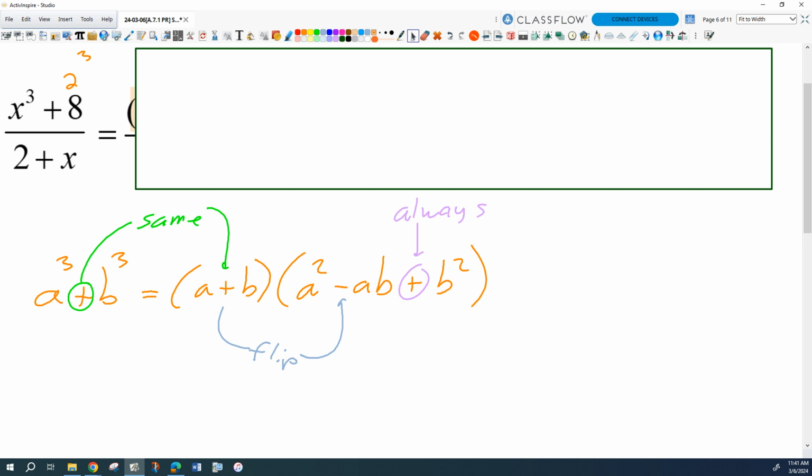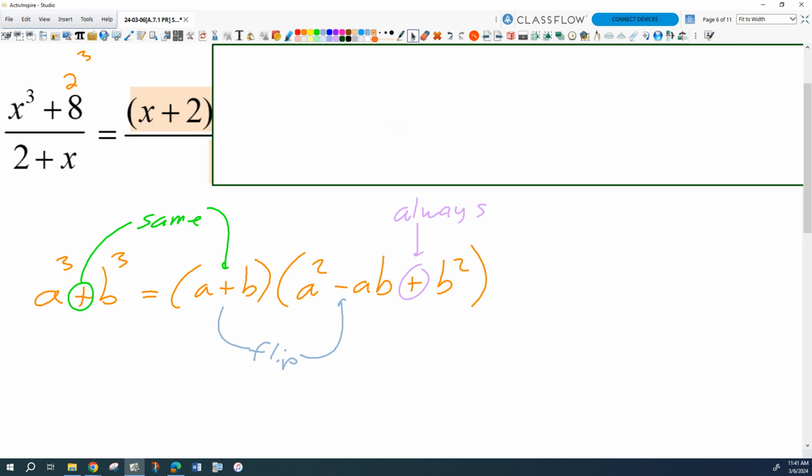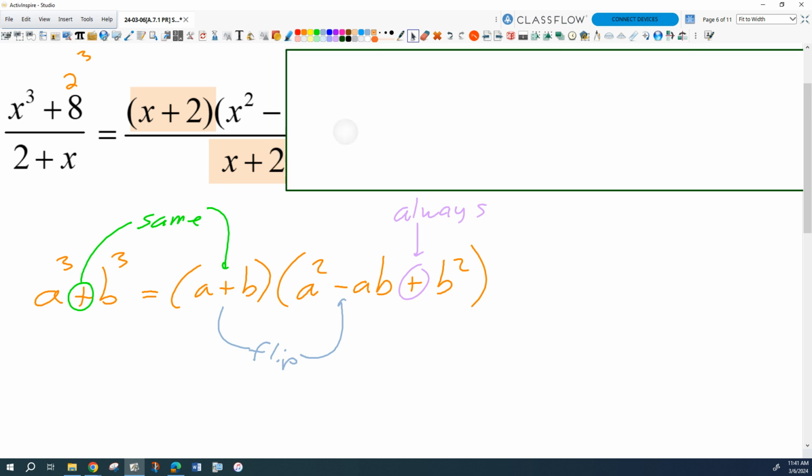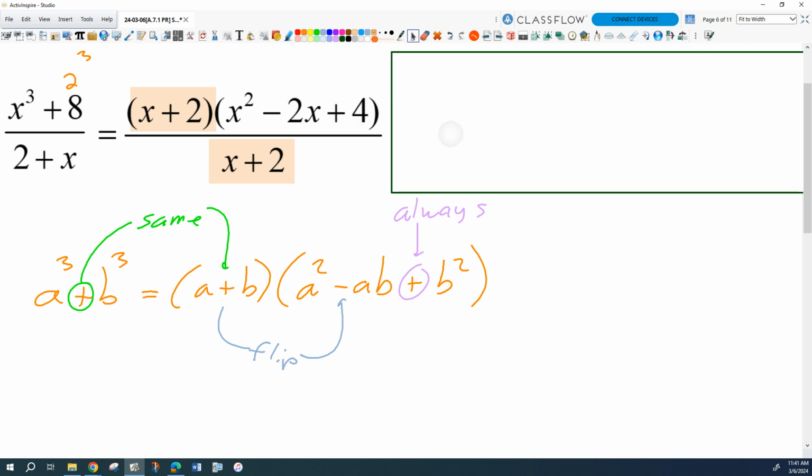We can change around positions for addition and multiplication, right? So I'll flip those and make that look like x plus 2, so it matches the x plus 2 that we get on top, right? And then we get a squared is x squared, minus a times b is x times 2, that's 2x, plus b squared, which is 2 squared, is 4, right?